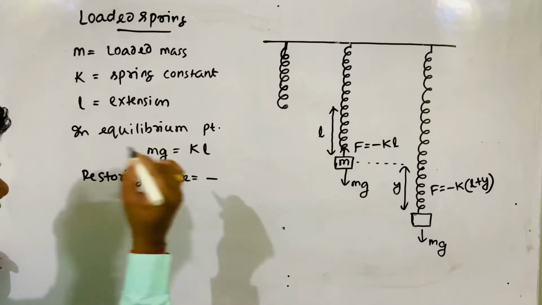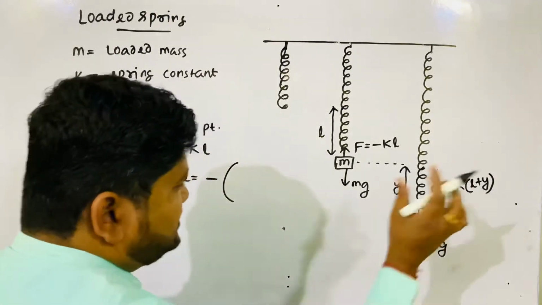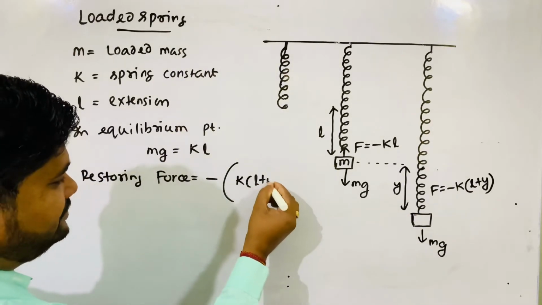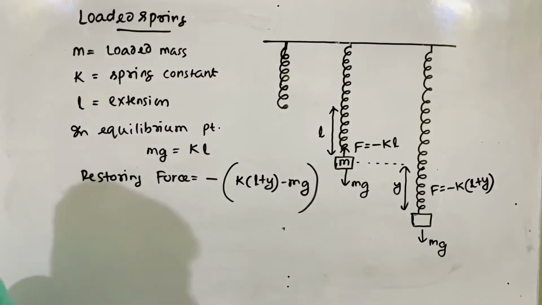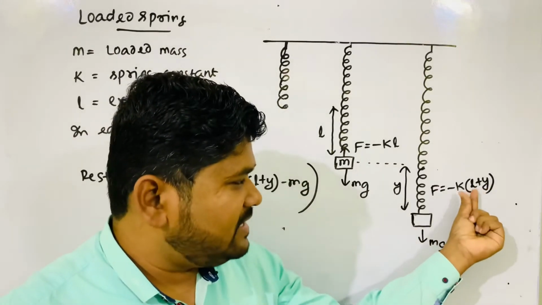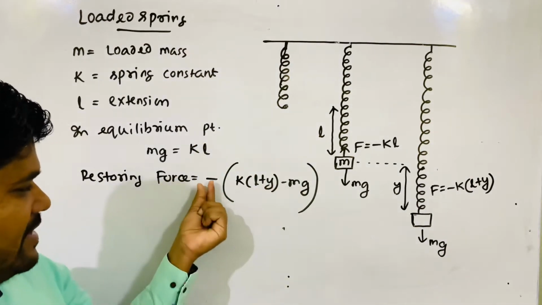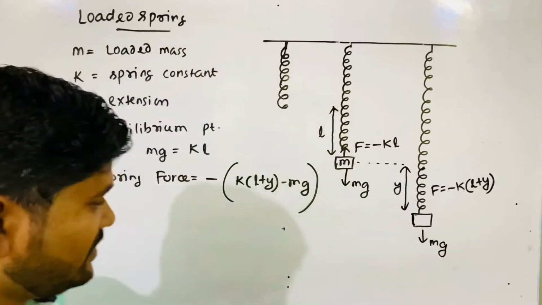So the restoring force is equal to, I put one minus sign, because for restoring, the magnitude of this force is greater than this. I write only the magnitude minus mg. I hope you understood. Because this is greater. How much greater? k into (L plus y) minus mg. This much it is greater. Then I put one minus sign here because it's totally restoring.